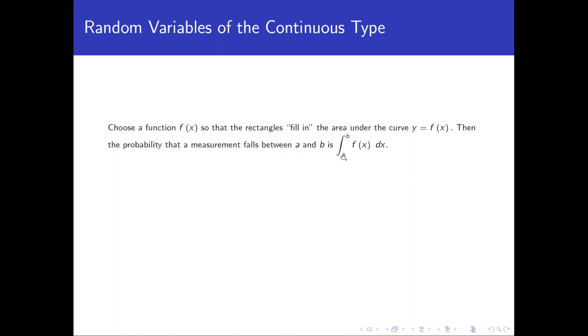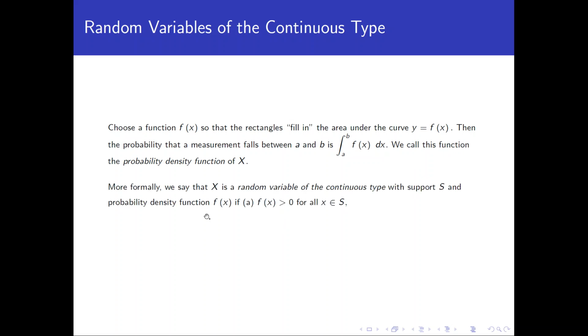So then we know that the probability that the measurement falls between those two values is the integral of this function. Okay. So we're going to refer to this f(x) as the probability density function of X. So instead of giving a mass to a particular point, we're going to give a density to a particular curve to be able to figure out its probability by looking at area underneath it.